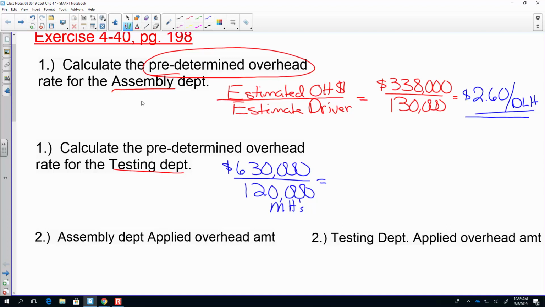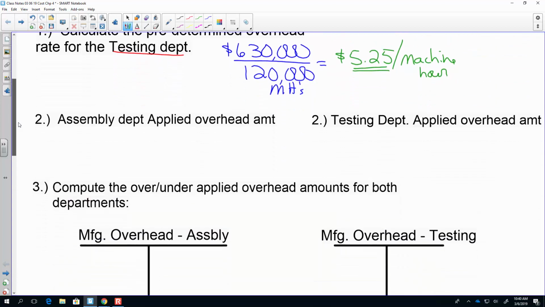Are we okay with this concept? Everything okay? What amount do I have here then? 5 1/4 per machine hour. And I usually will put the driver next to the rate so that when I start looking at a job, I'm grabbing the right actual driver, right, when we get to that point.